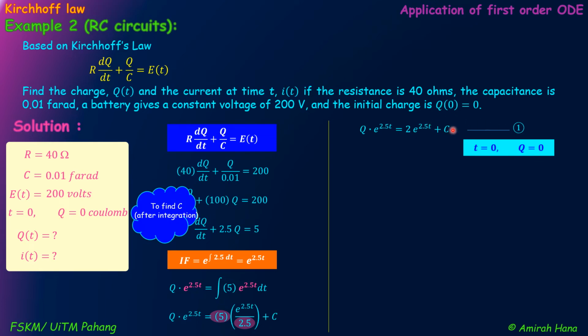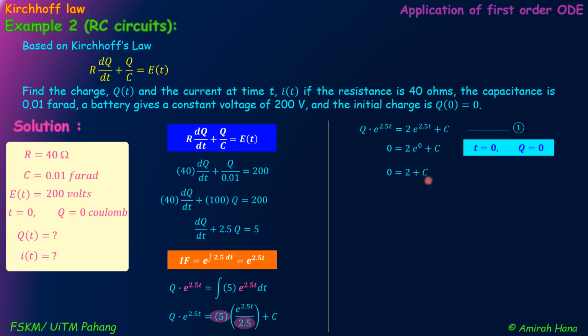Okay, we substitute into equation 1, so we got this. q equals to 0, 0 times any value equals to 0, and then equals to 2e to the power of 0 after we substitute t equals 0 here, and then plus c. e to the power of 0 equals to 1, so we got 0 equals to 2 plus c.